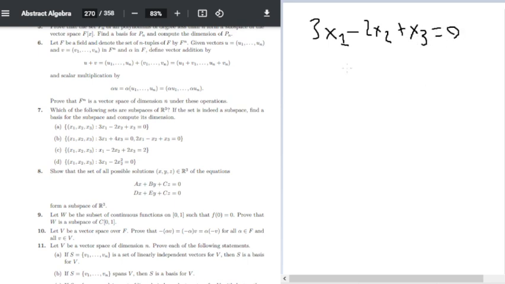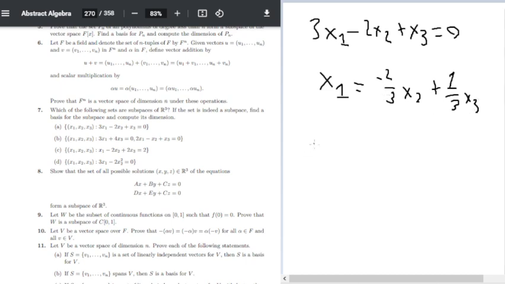So what this is basically saying is that 3x1, or we can basically say that x1 is equal to negative 2 over 3 x2 plus 1 over 3 x3. And the nice thing about this is that these are completely independent definitions.